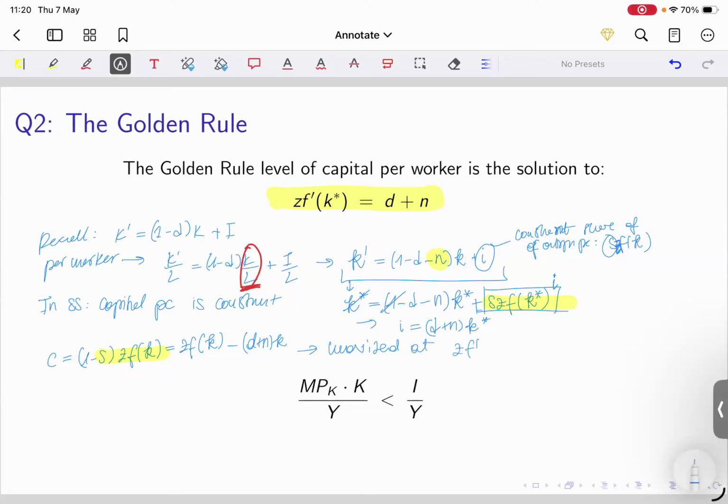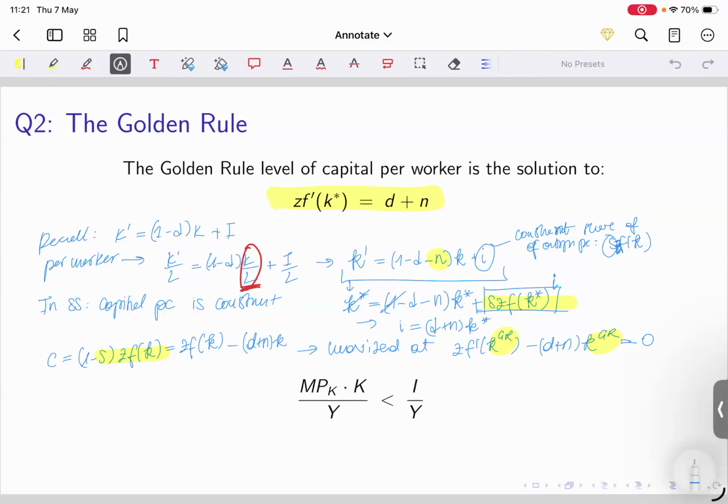Z times the marginal product of K, with GR to remember this is already the golden rule solution, minus (d plus n) equal to 0. This is the first order derivative set to 0 to find the maximizer. I know that this level of capital maximizes my consumption in steady state. This is exactly what my golden rule instructs.